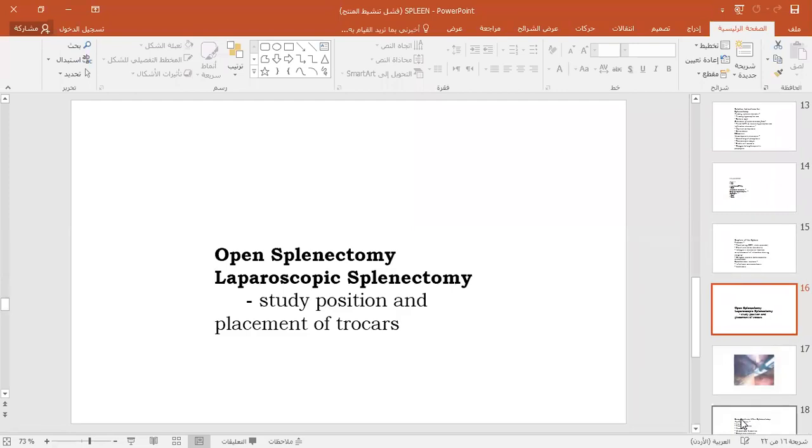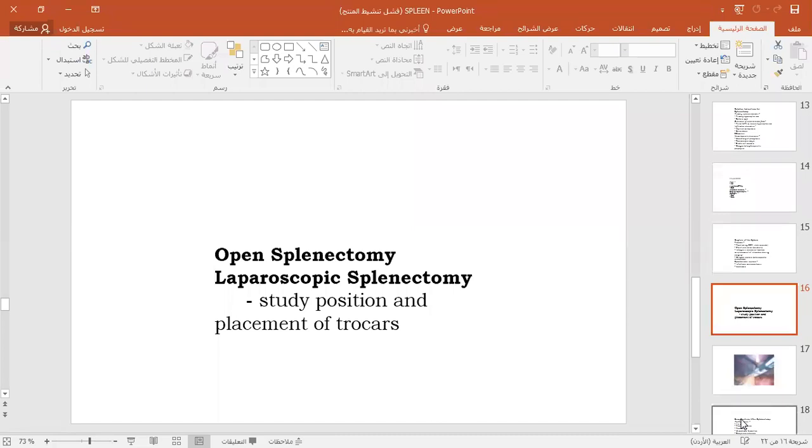Splenectomy is either open or laparoscopic. Open splenectomy is done through access to the abdomen through a midline incision or left subcostal incision, and when it is elective, splenectomy should follow the rule of splenectomy by ligation of the artery, which is usually at the superior aspect of the pancreas.